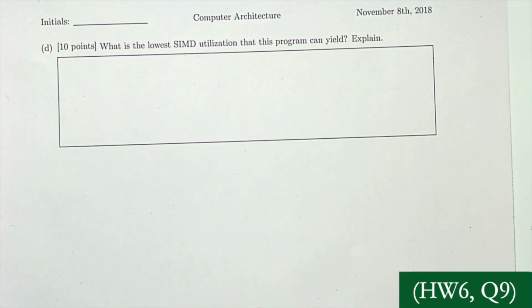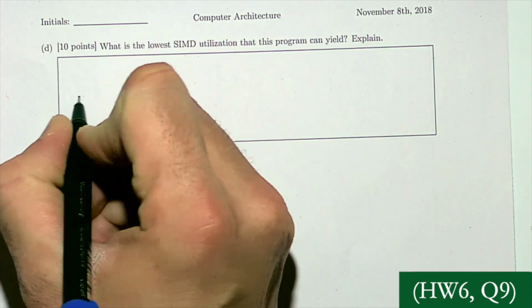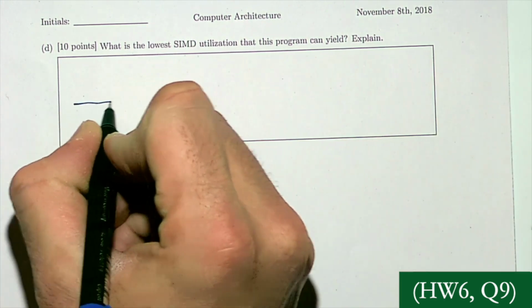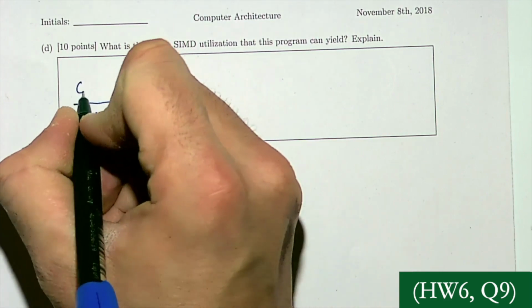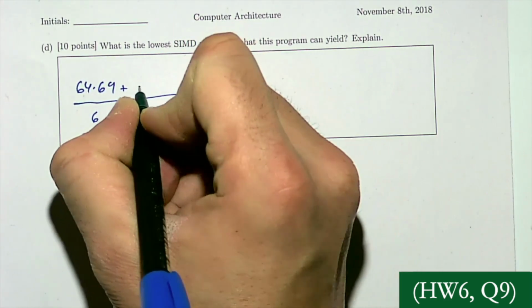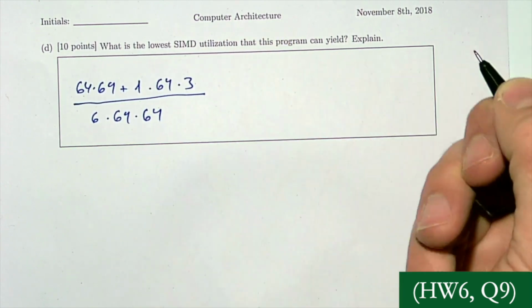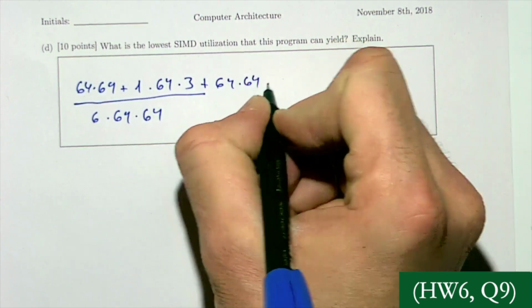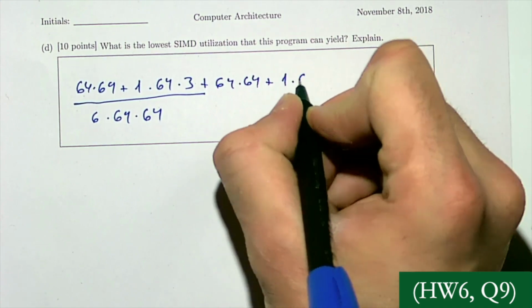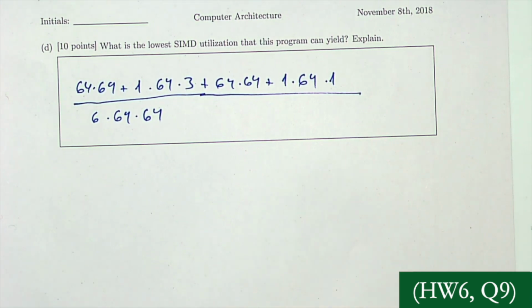And here you could calculate something like, so the way to calculate the actual number would be 6 times 64 times 64, and here 1 times 64 times 3, which is the number of instructions in the first if, and then 64 times 64 plus 1 times 64 times 1, which is the number of instructions in the second if, right?